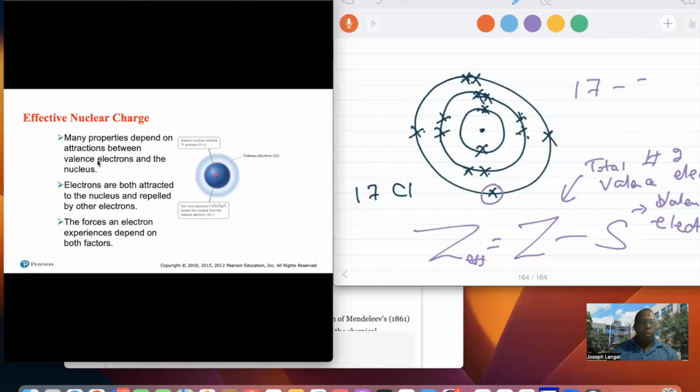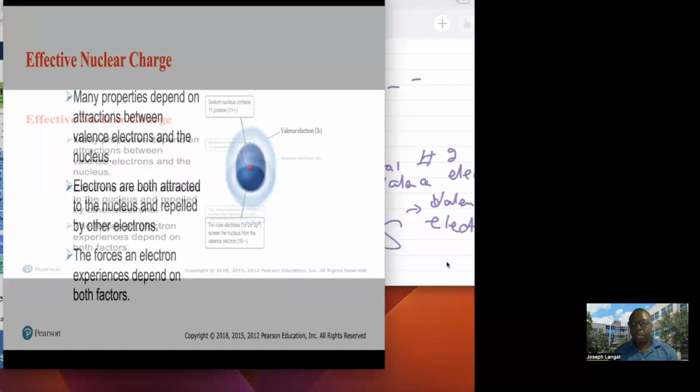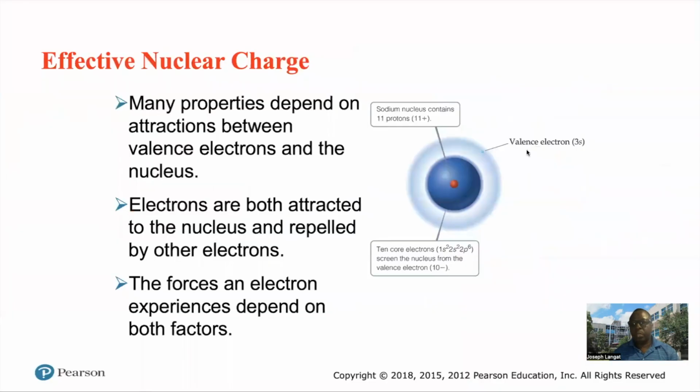So effective nuclear charge matters because many properties depend on the attraction between the nucleus and the outermost electron. See this, the nucleus and the outermost 3s valence electron for sodium. We have 11 protons. Then we subtract the 10 core electrons, and we have positive 1.